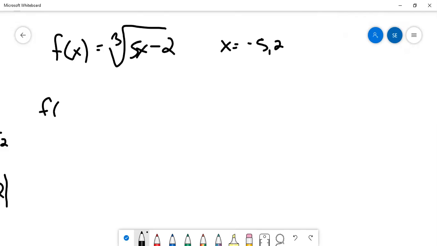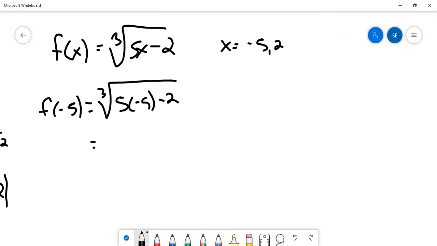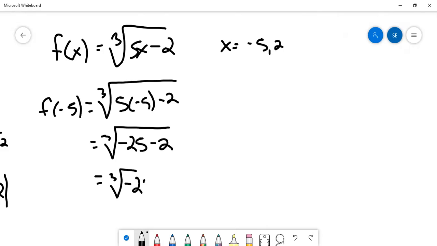So f of negative 5, just like with any other function that we've seen, we do 5 times negative 5 minus 2. Well, 5 times negative 5 is negative 25. So this is the cube root of negative 27. And now again, back to our chart, or if you do a prime factorization, either way you get negative 3.